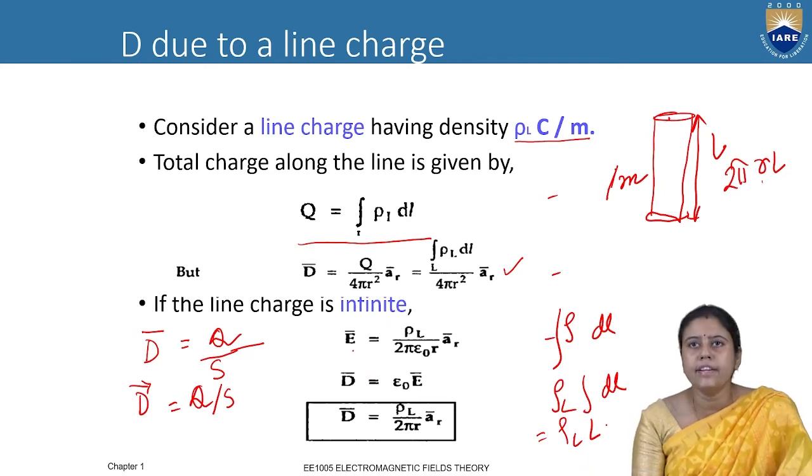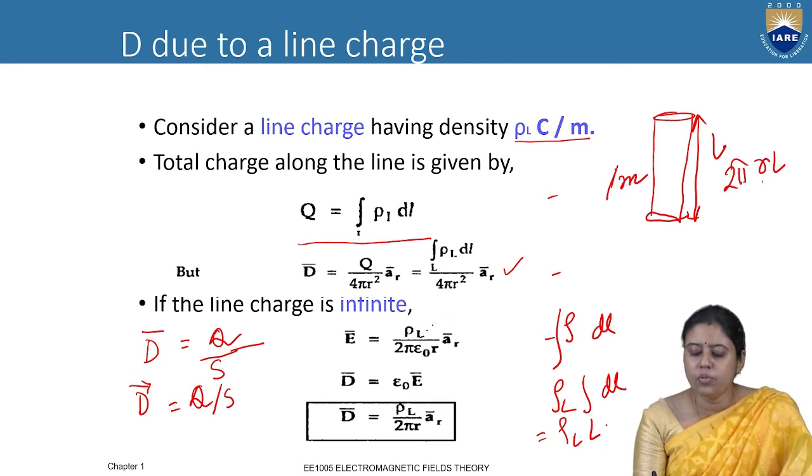So we can write E is equal to rho L into L by 2 pi epsilon 0 RL.